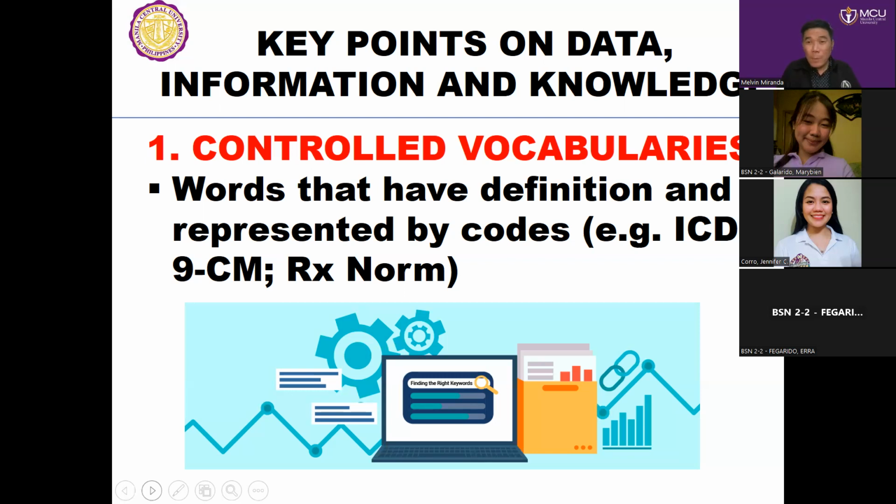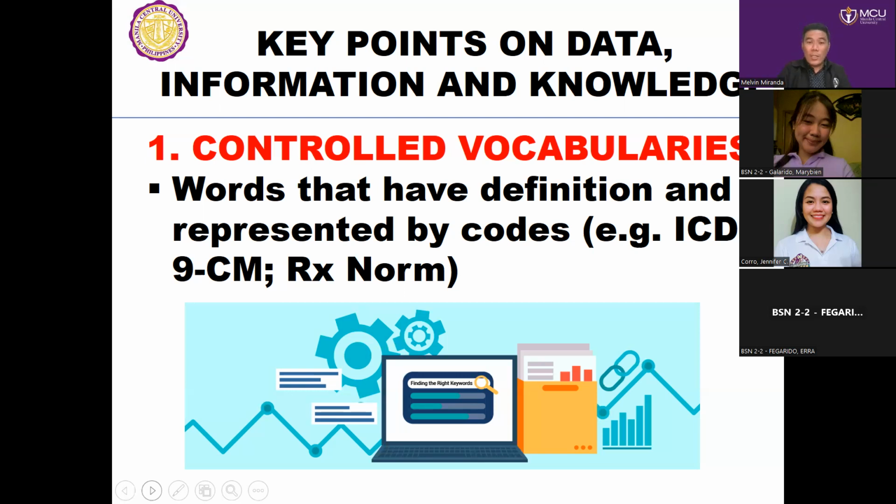So, if you will try to search, ano po yung ibig sabihin ng ICD-9-CM? That is definitely a diagnosis. That is universally accepted. Kaya if you will try to search po yung tinatawag nating ICD, ang ICD ay International Classification of Diseases.